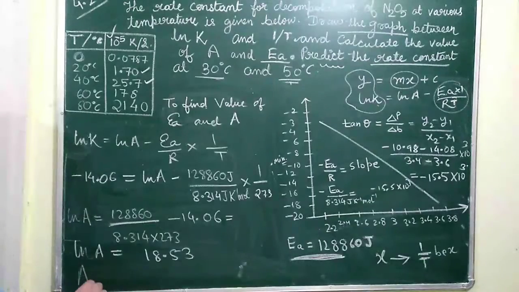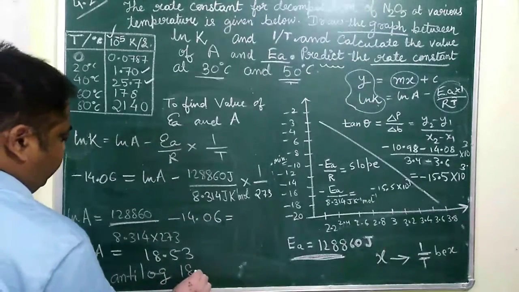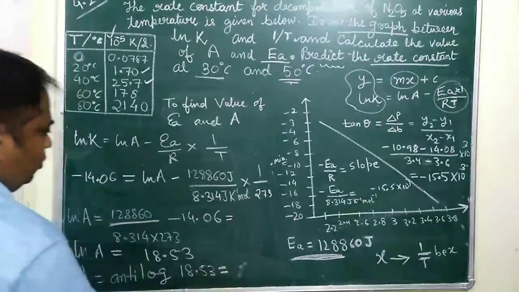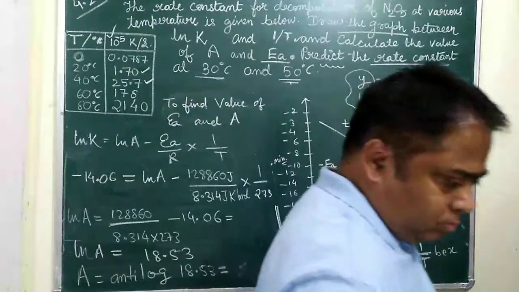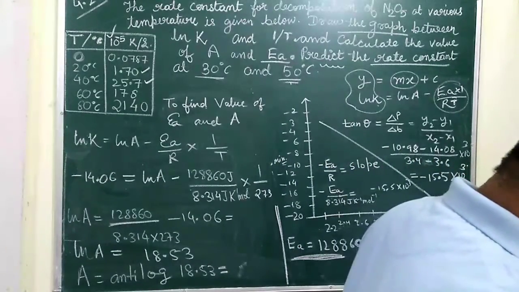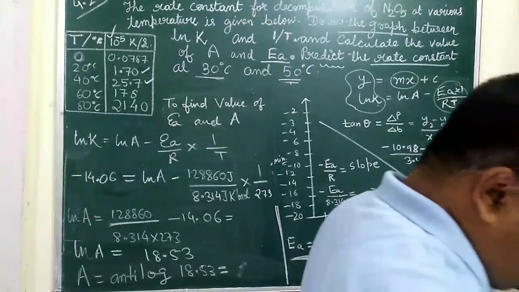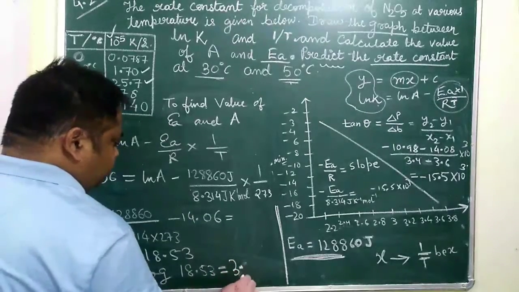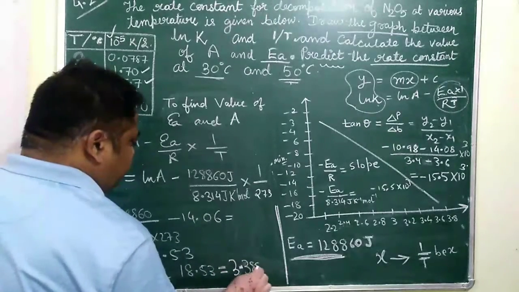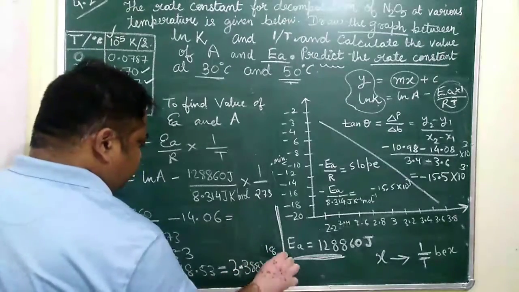So A is equal to antilog 18.53, which will be equal to 3.388 into 10 to the power 18 per second.